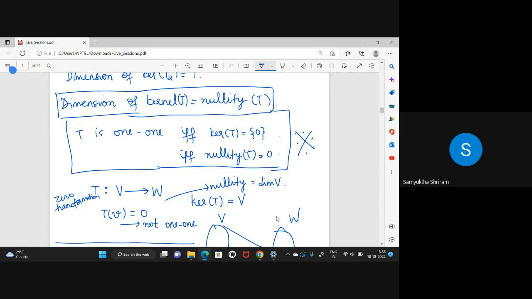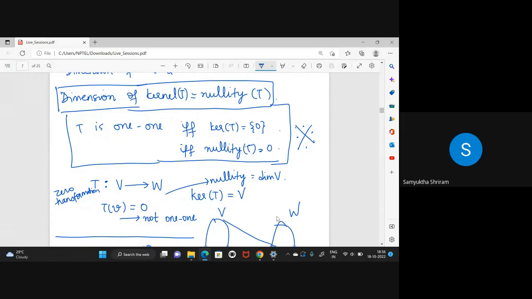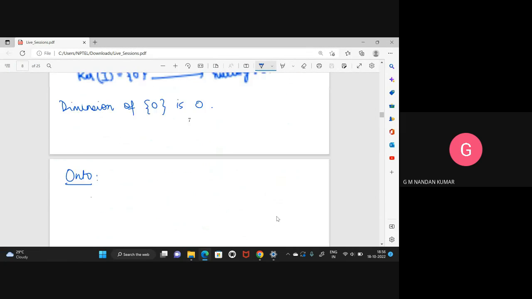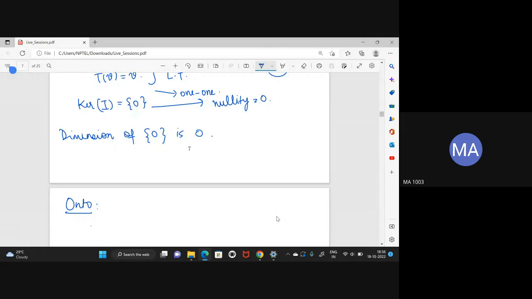Ma'am, I have a doubt in linear transformations. What would be its geometrical implication? So it's a function between two vector spaces. What does a transformation do?